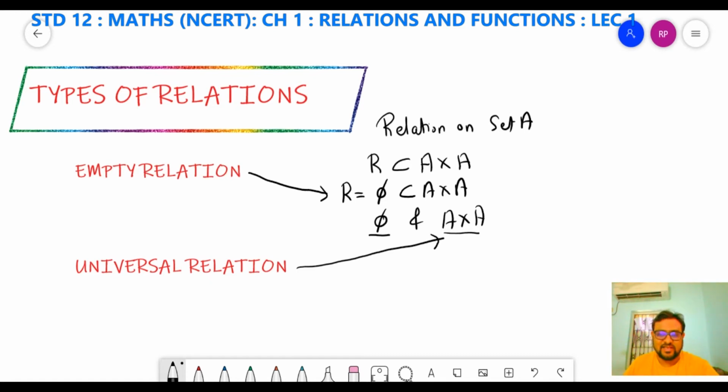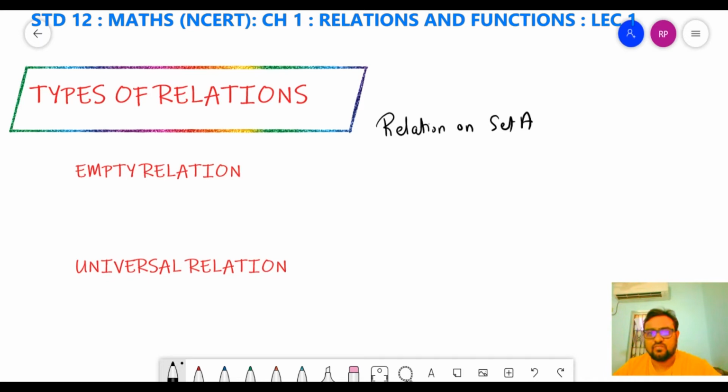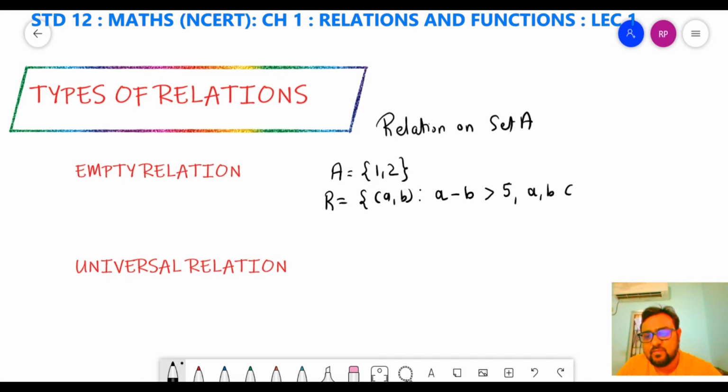Here, let's take an example. If I take set A equal to {1, 2}. Clear? Now, if R is defined as {(a, b) such that a minus b is greater than 5, a, b belongs to A}.